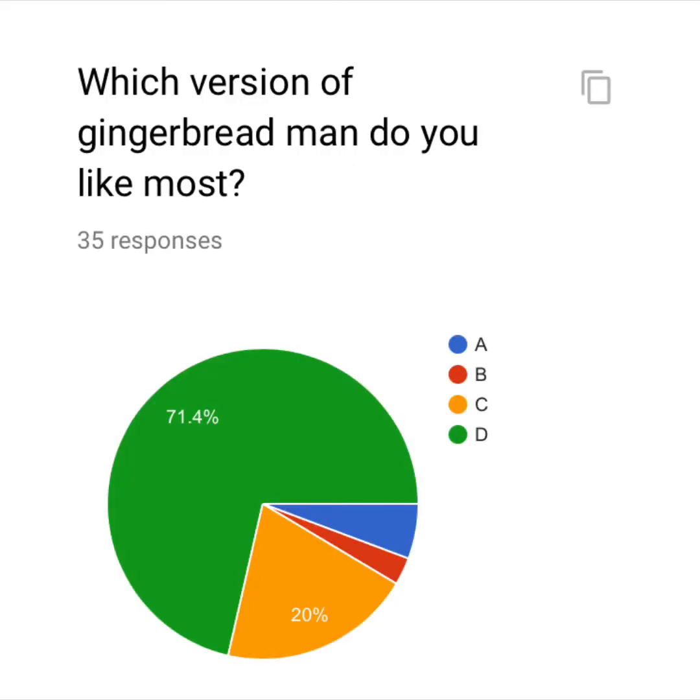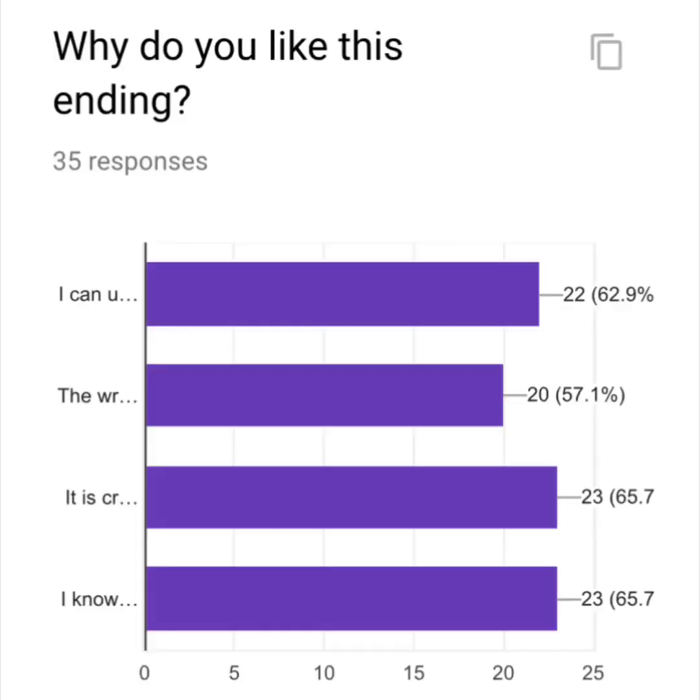So this is the result of the voting. As you see, most students like version D, which is a very elaborated version with dialogues portraying what the character said, and it is very different from the original ending, so they like the creativity in version D. And these are the reasons that they chose why they like that piece of writing.